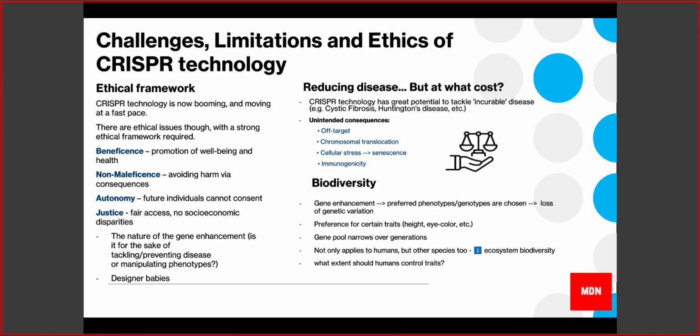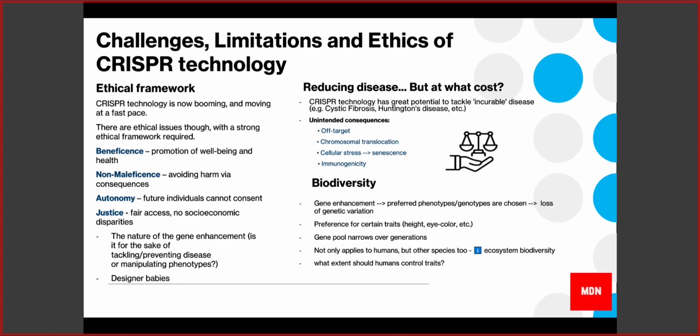As explained earlier, CRISPR technology has great potential to tackle diseases deemed incurable. Examples like cystic fibrosis, Huntington's disease, muscular dystrophy, and even more. However, this has unintended consequences, for instance, off-target effects. Off-target effects is a term to describe when editing is happening on other DNA sites that are not your target sites.